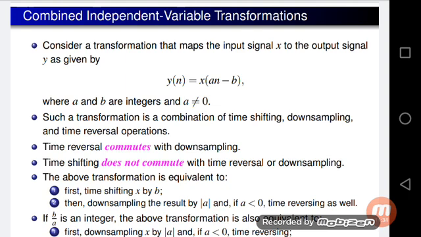Time reversal commutes with downsampling. So in downsampling there is a mutual relationship between time reversal, which commutes, and downsampling.